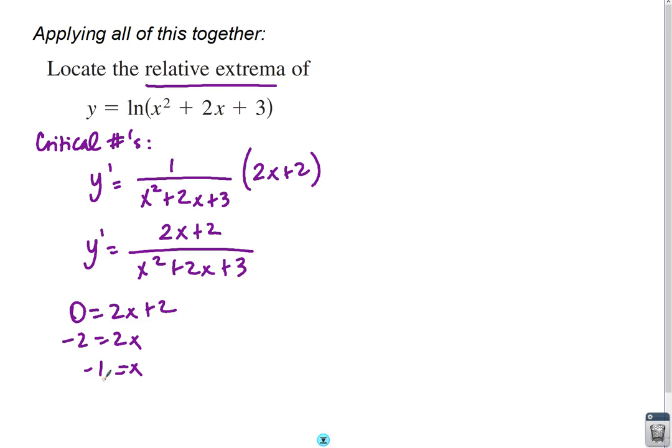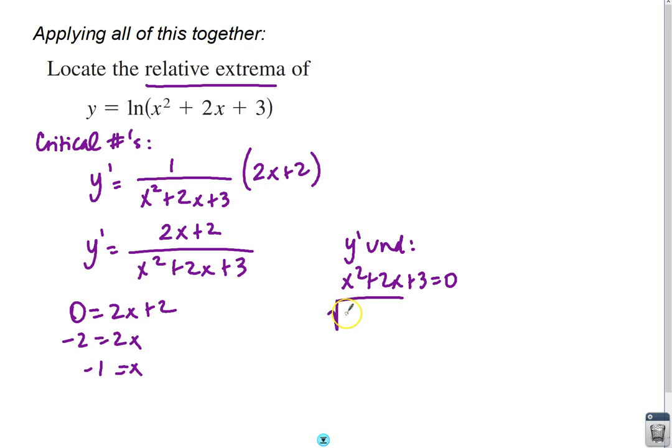Okay. I also need to find out where the denominator is equal to 0, so I can find out where y prime is undefined. X squared plus 2x plus 3. I don't think that will, I mean, it definitely doesn't factor. If I wanted to check to make sure if I had a real solution, I plug it into the discriminant of my quadratic formula.